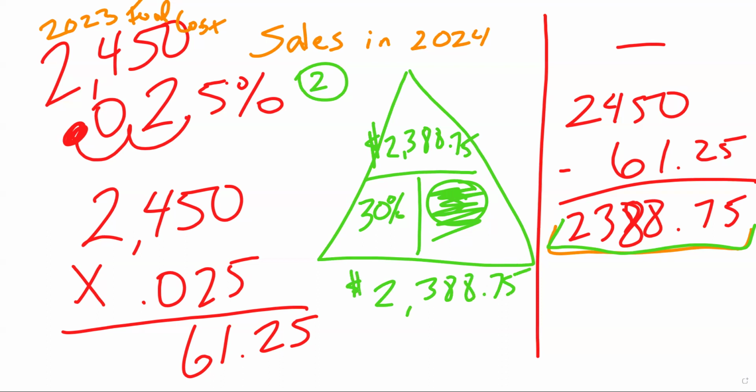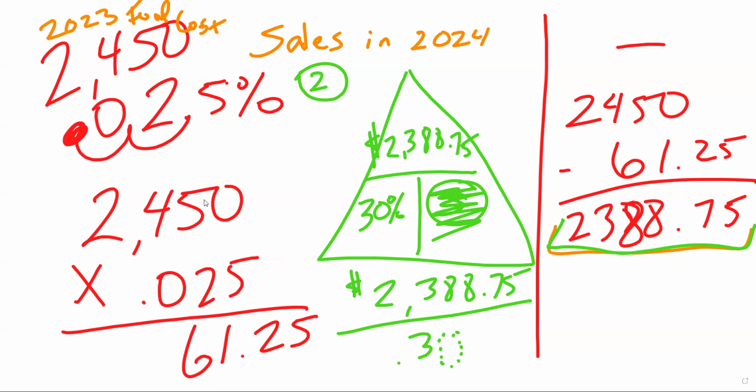$2,388.75. We can divide it by the 0.30. And I only do the zeros in the little dots because you don't have to put the zero in the calculator. You can if you want to, but you don't have to because it's assumed that it's there.